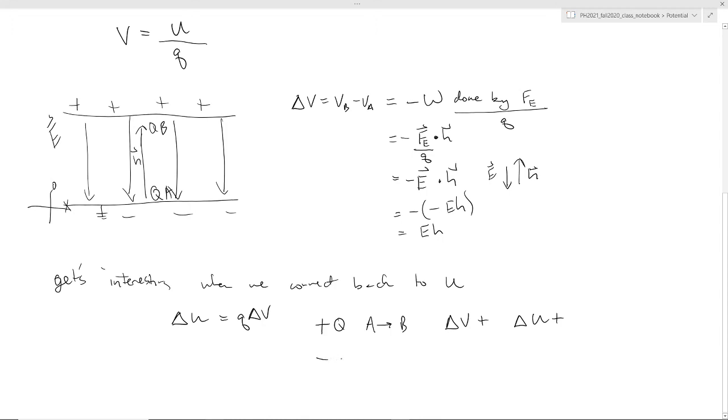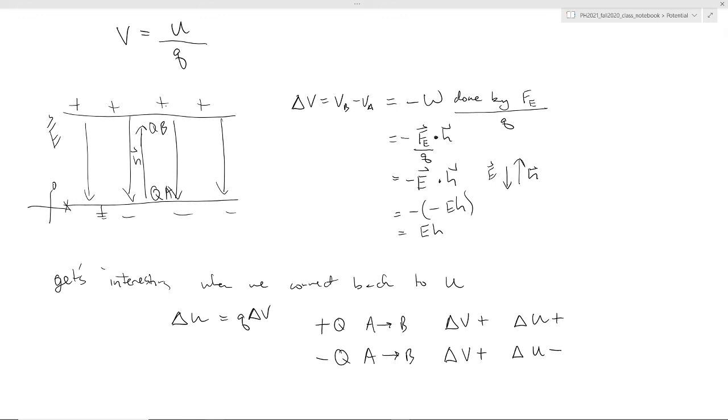Alternatively, if you had a negative charge, you do the same thing. You move it from A to B. The change in potential isn't affected. It's the same situation. It would still be positive, but the change in potential energy, on the other hand, would be negative. You can visualize that. If you had a negative charge, it's going to want to get away from these negative charges, and it's going to be attracted to those positive charges, and that would release energy.